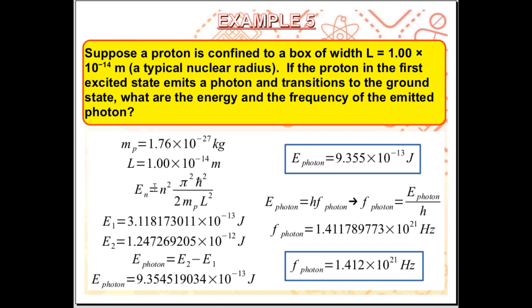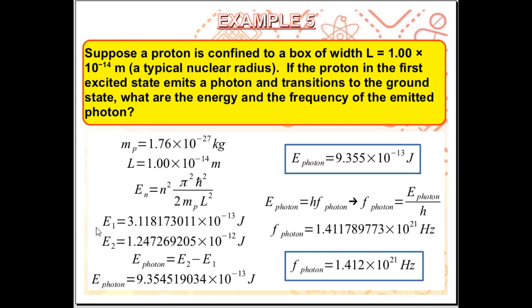We are able to calculate the first excited state energy, E2, 1.247269205 times 10 to the negative 12 joules. Also, for the ground state, n equal to 1, we can calculate E1, 3.1181737071 times 10 to the negative 13 joules.